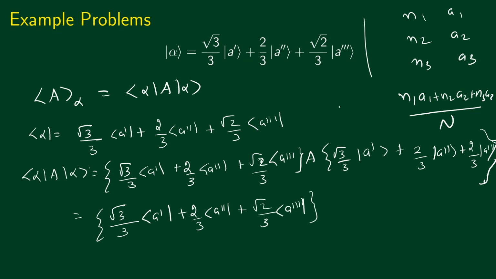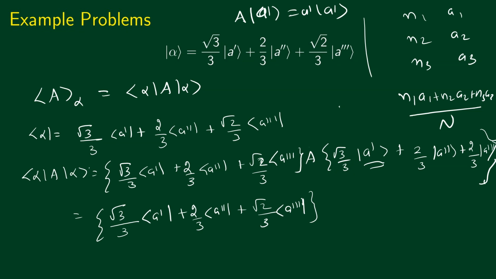Now I take this A inside, and A acting on ket a' by the eigenvalue equation is a' ket a'. That's the eigenvalue equation. This is a number, so there's no problem, the operator will just move past the number.